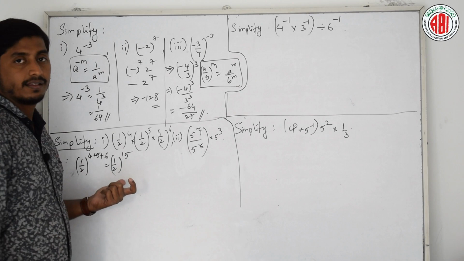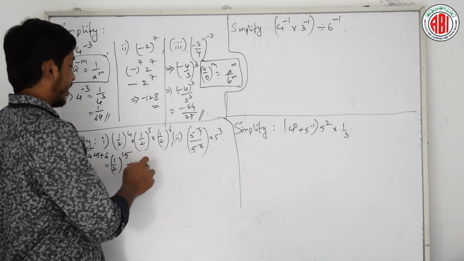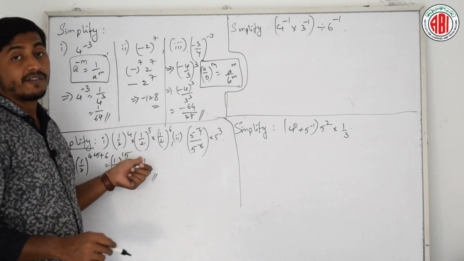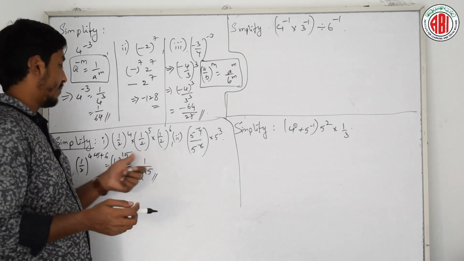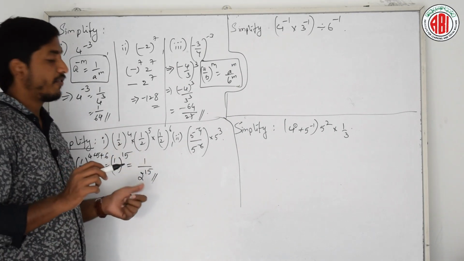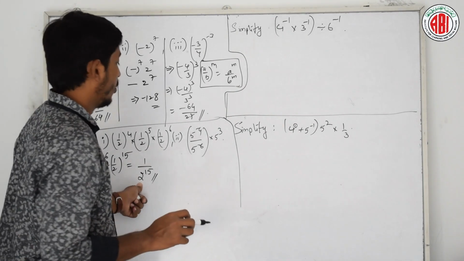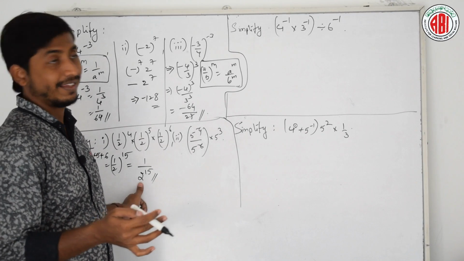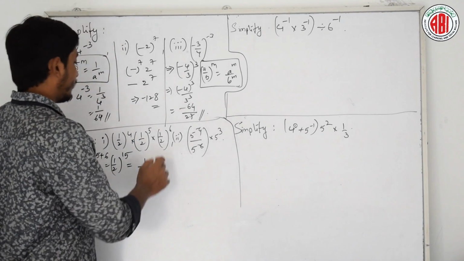That's it. Or if you want to simplify, you can write it as 1 by 2 power 15. Why not 1 power 15? 1 power 15 will be 1 only. If you want, you can write 2 power 15 also after solving it. Okay? Very nice.